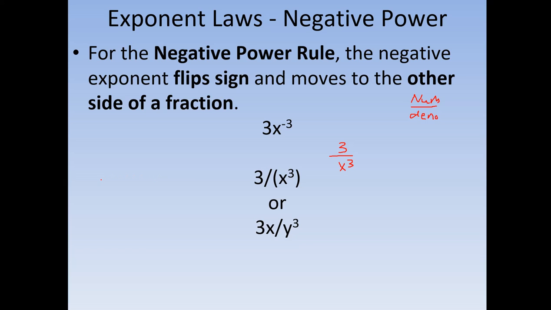I like having basically everything in a straight line. So a lot of times what I do is I take the negative power rule, and sometimes I'll do the opposite, where if I have something in the denominator that I don't want anymore, I'll put it into the numerator by, once again, flipping the sign. So it's still part of the negative power rule, but it's kind of going the other way.